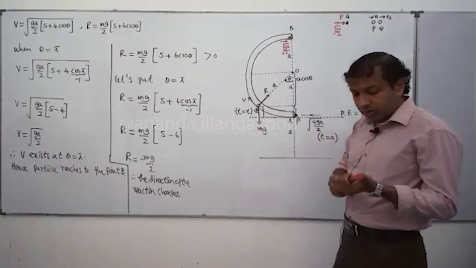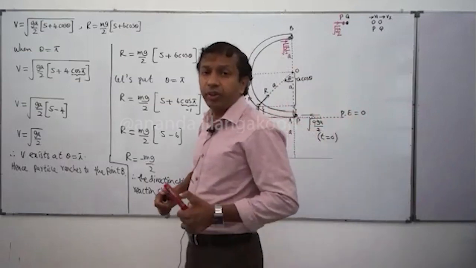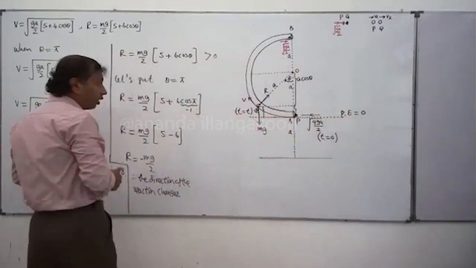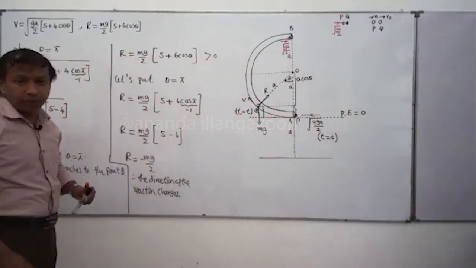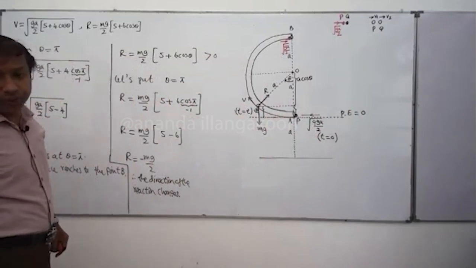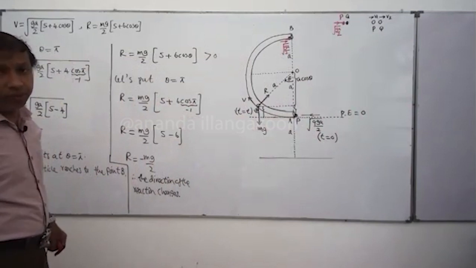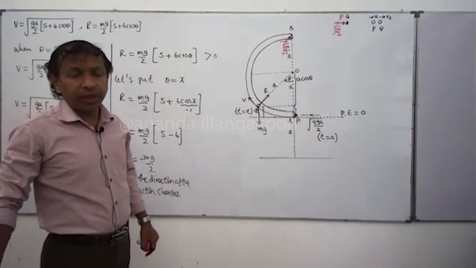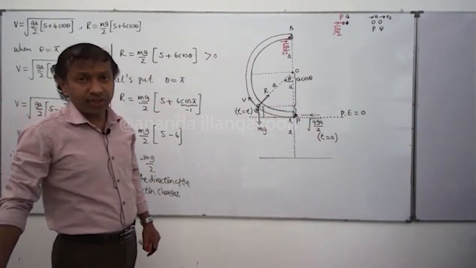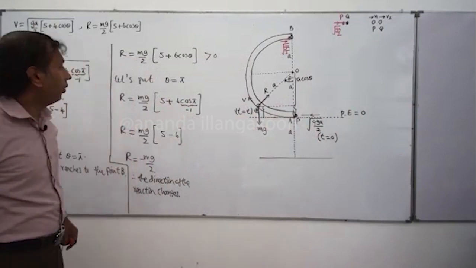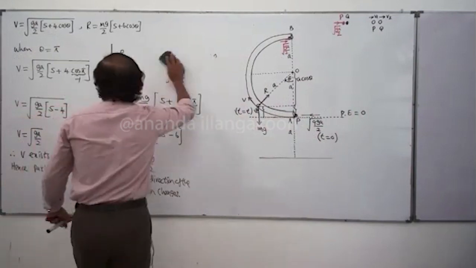Then we are asked to find V1 and V2. How to find V1 and V2? V1 and V2 can be found by applying conservation of linear momentum and Newton's law of restitution we learned. We'll come to that now.